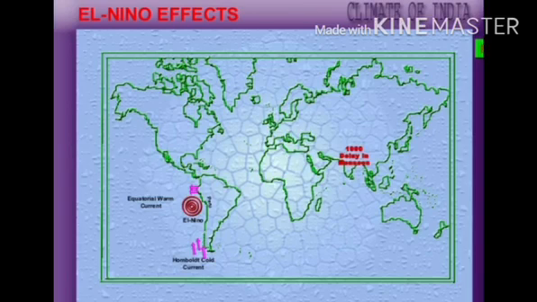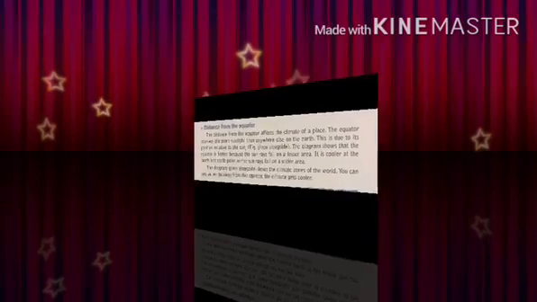The phenomenon has caused tornadoes in Florida, smoke in Indonesia, and forest fires in Brazil. In our country, the monsoon is largely influenced by the El Nino effect.